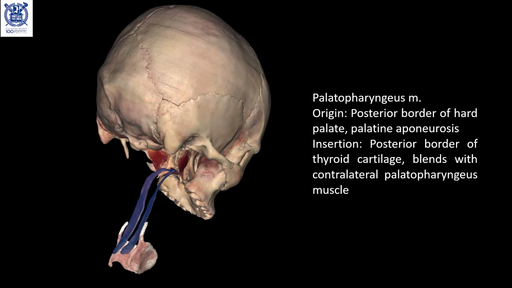By this means, the bolus is prevented from passing into the nasopharynx. At the same time, the palatopharyngeus muscles form an inclined plane directed obliquely downward and backward along the undersurface of which the bolus descends into the lower part of the pharynx. It is supplied by the facial artery branch.